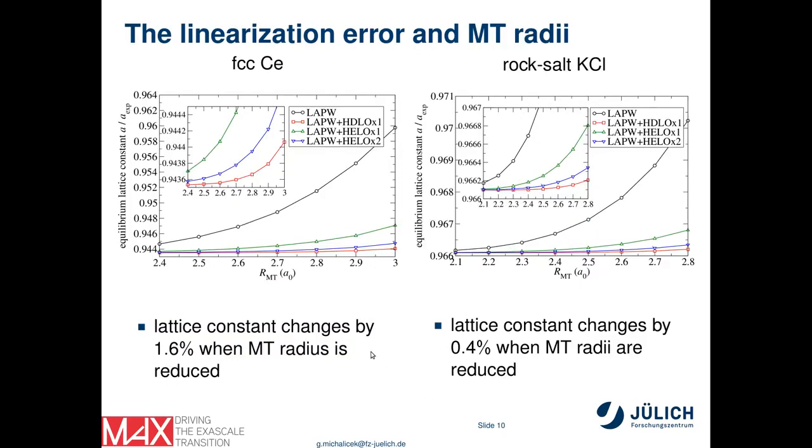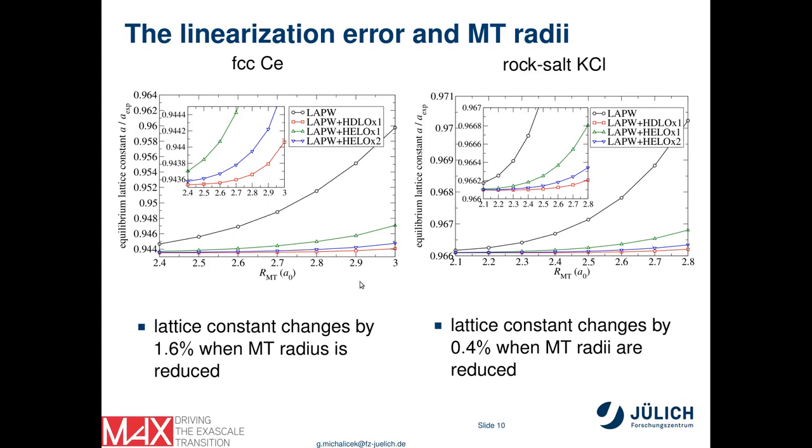So here I plotted the equilibrium lattice constant for 2 materials, FCC cerium and rock salt potassium chloride, in dependence of the muffin tin radius. Of course, the equilibrium lattice constant should not depend on the muffin tin radius. But if we use the conventional LAPW basis, we see that there seems to be some dependence in both materials.